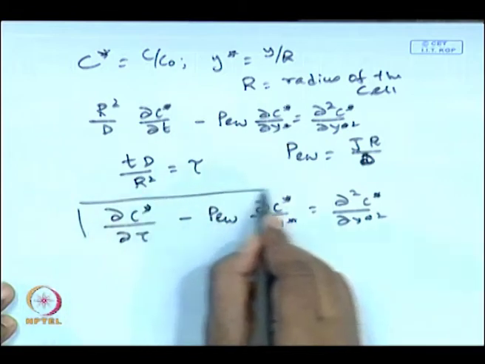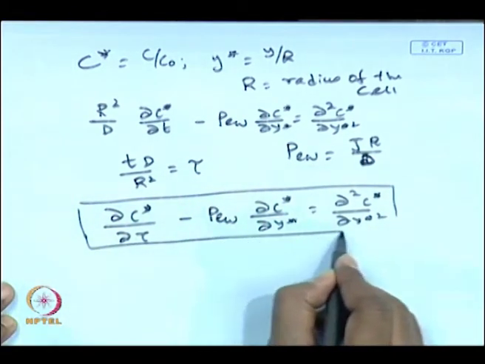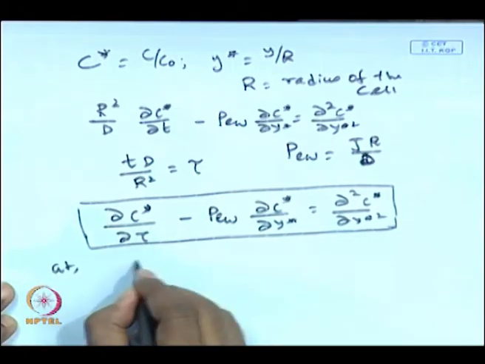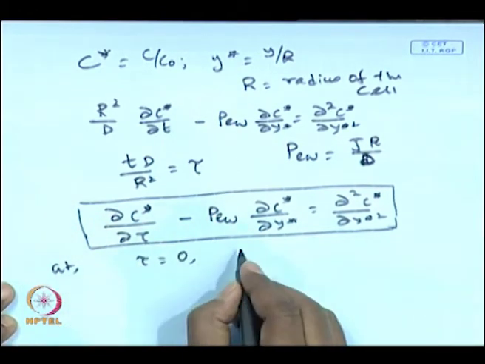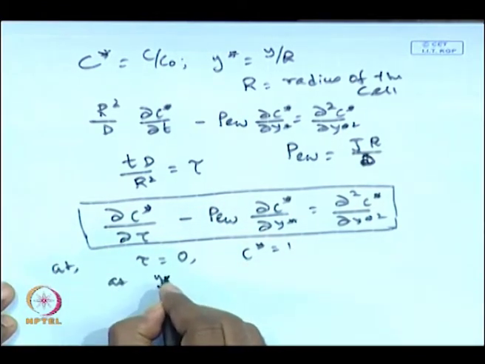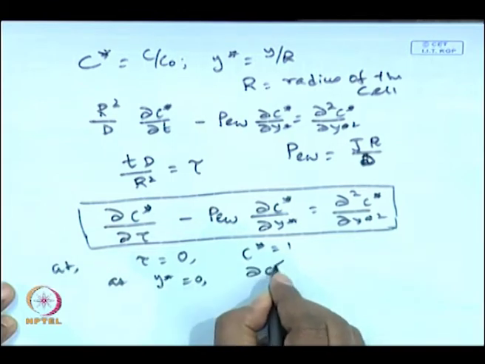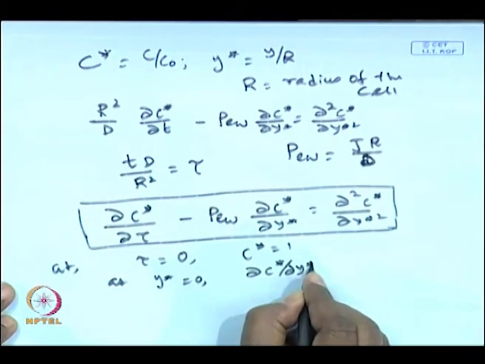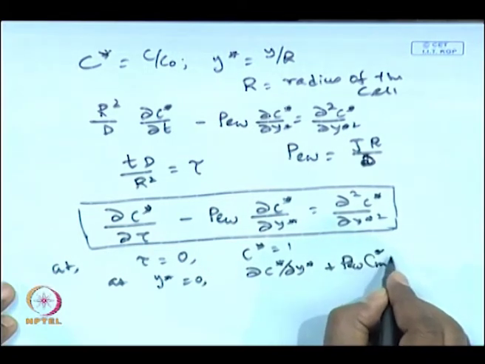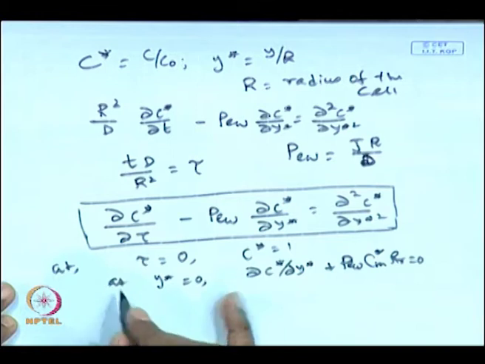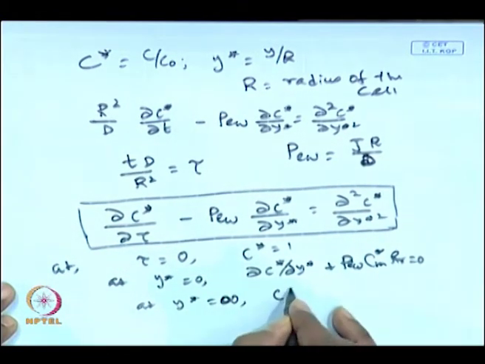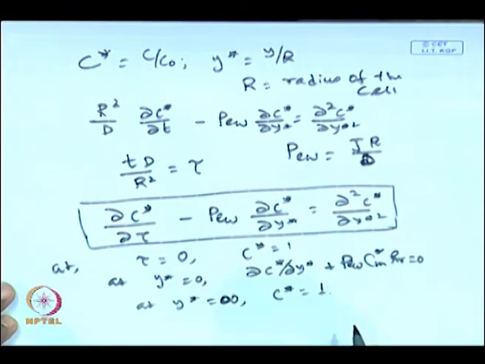Okay. So this is the governing equation, and the non-dimensional initial and boundary conditions are: at tau equal to 0, C star is equal to 1; at y star equal to 0, del C star del y star plus P W C M star R R equal to 0; and at y star equal to infinity, C star is equal to 1.